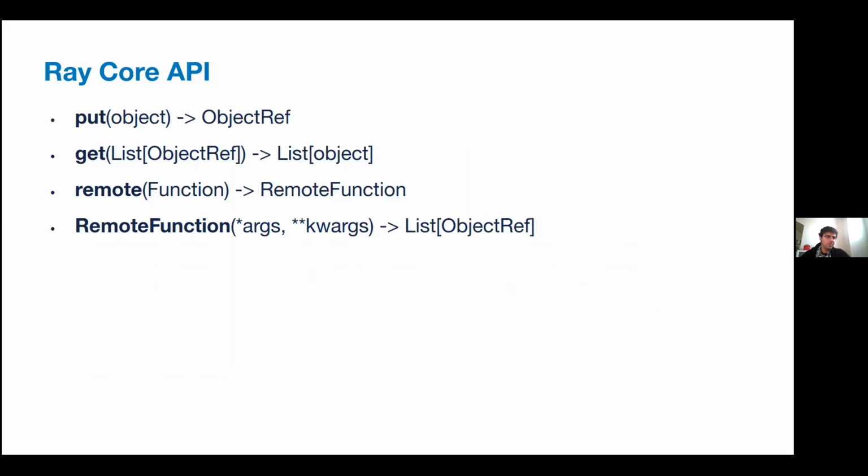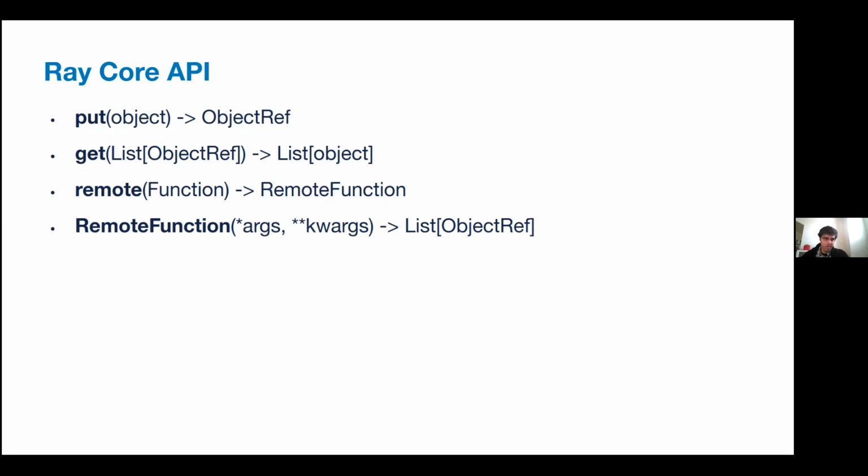All right. So the core Ray API has expanded quite a bit since I began working on Ray, but the core API is essentially comprised of these four key functions. The put operation will take any Python object and put it into a local object store, and it'll immediately return an object reference.